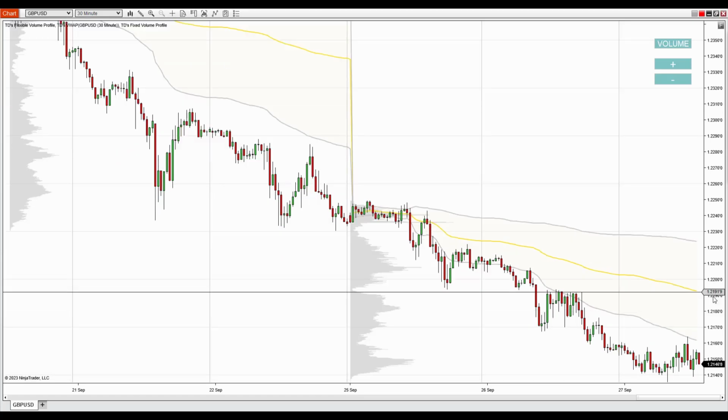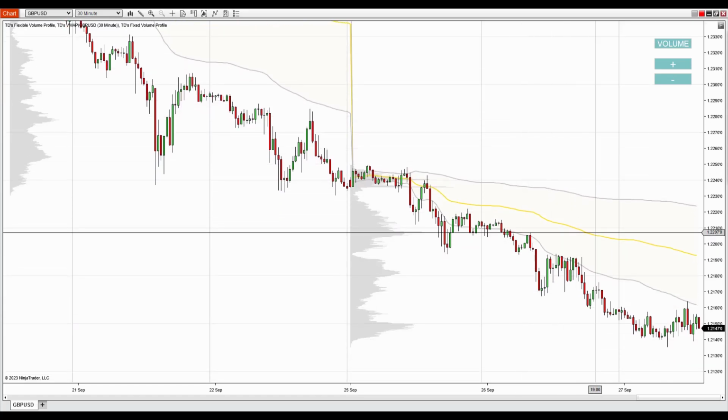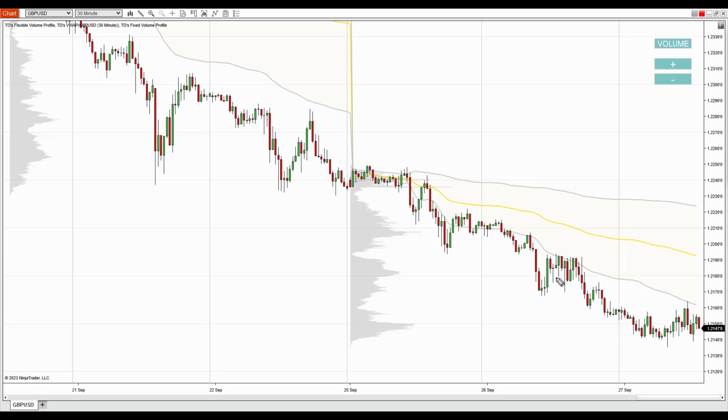But if you look here, you can see that there was a valid trade entry in this downtrend where the price moved below the first deviation in here, and the first valid short was from this place. See, the price was moving below the first deviation, it was trending, and short from here.